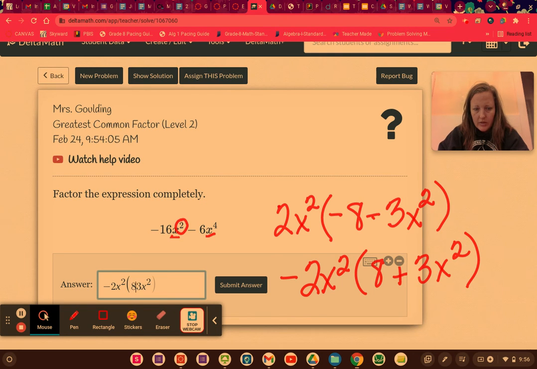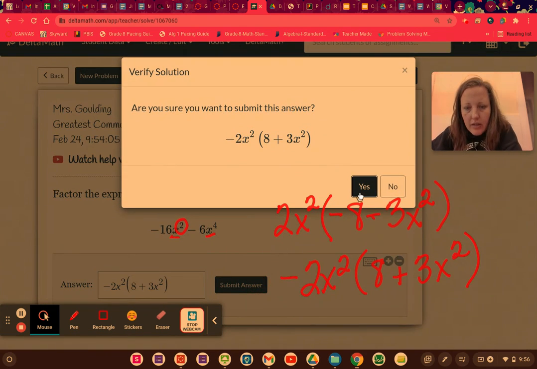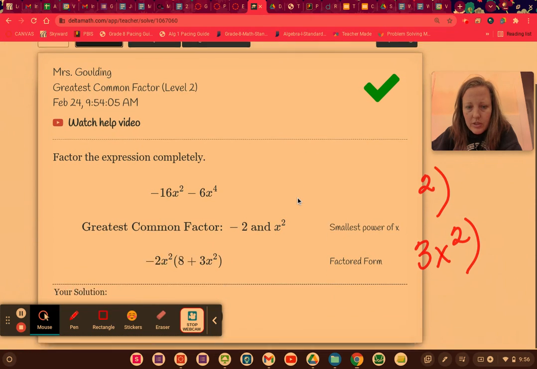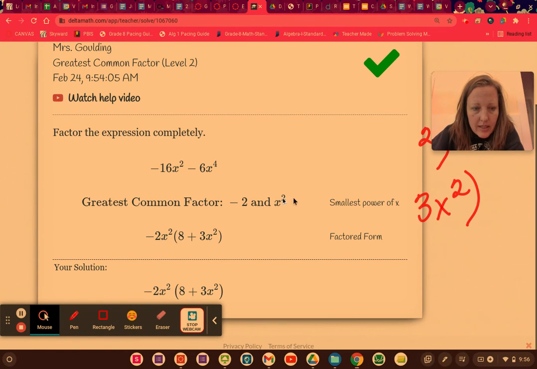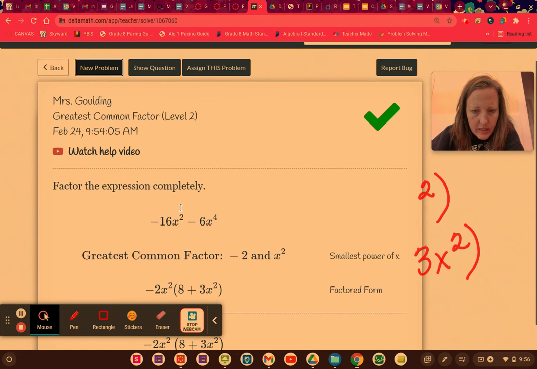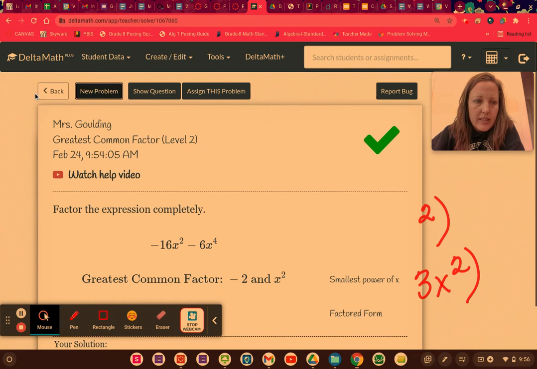Change your sign. Plus 3x squared. Good. And close your parentheses. Very good. Submit. Okay, cross your fingers. Whoosh, it did. So it does accept that.